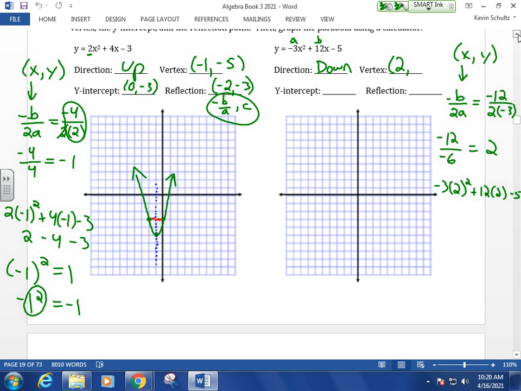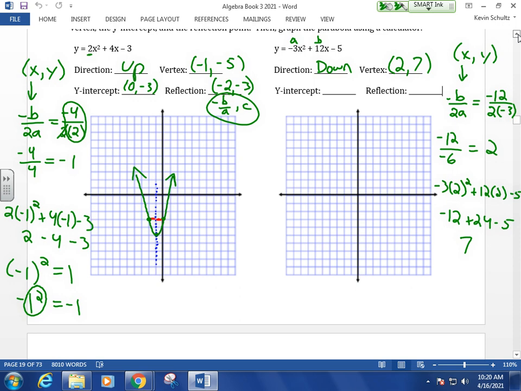This gives us negative 12 plus 24 minus 5. And you should get a final answer of, Joey, 7. Okay, 2, 7 is our vertex point.